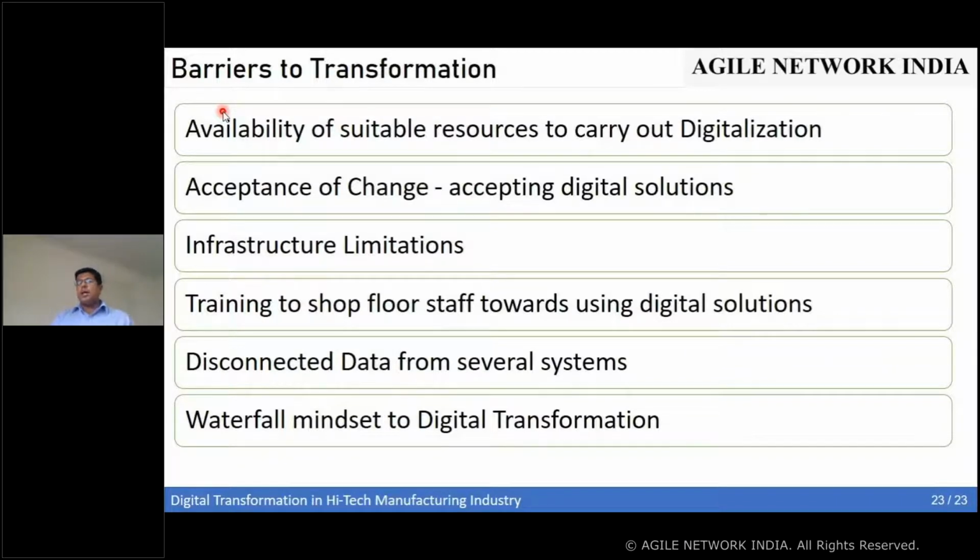Training, if your staff is not trained, if people don't know data skills, it could be a barrier. Disconnected data from various systems, you will have to deploy some kind of data lake or warehouse, otherwise it can be a barrier. And waterfall mindset, you cannot start a 6-month digital project and scope it out 100% and think that it will go like that. It does not happen. In this area you have to be agile, not just follow a framework, but actually think in that direction too.